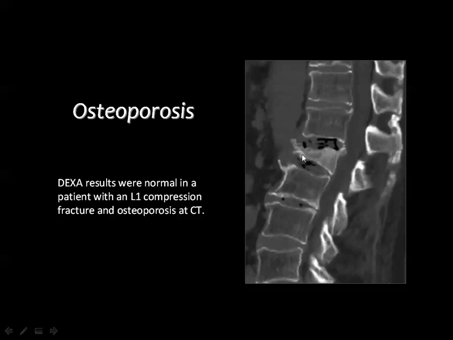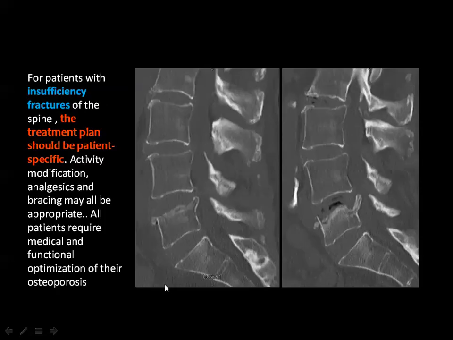And this is a fracture in the L1 vertebra with more than 40% loss of the vertebral height with anterior wedging, and you see here the above and below disc spaces, and the DEXA results in this patient were normal. But here you can easily appreciate the osteoporotic changes and the osteoporotic fracture as well.